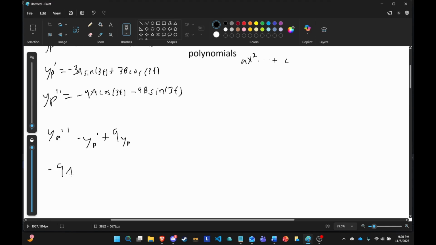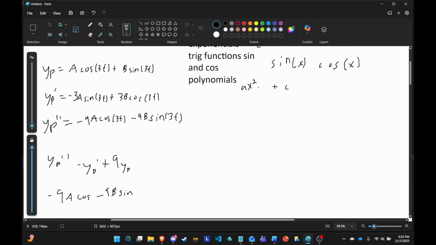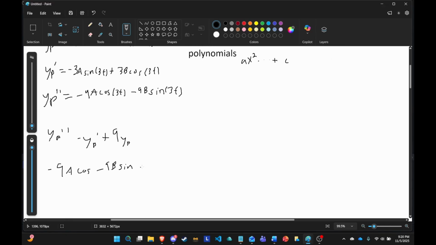Start with y double prime: minus 9a cosine, and I'm going to ignore the 3t's just to save some space, but that's cosine of 3t, minus 9b sine of 3t. And then we're going to do minus y sub p prime, which is negative 3a sine plus 3b cosine.